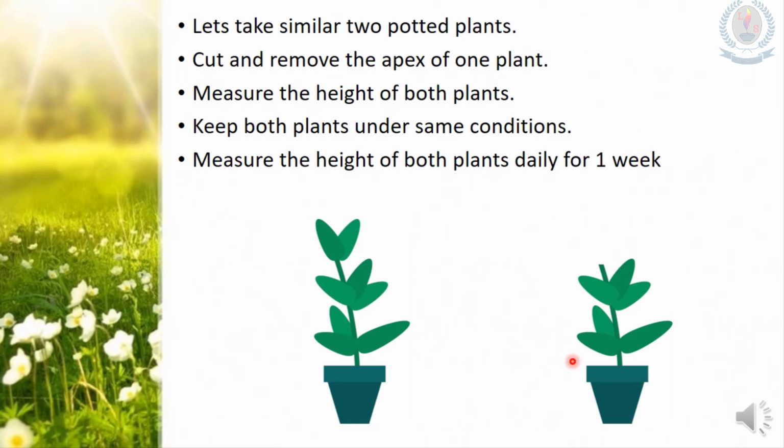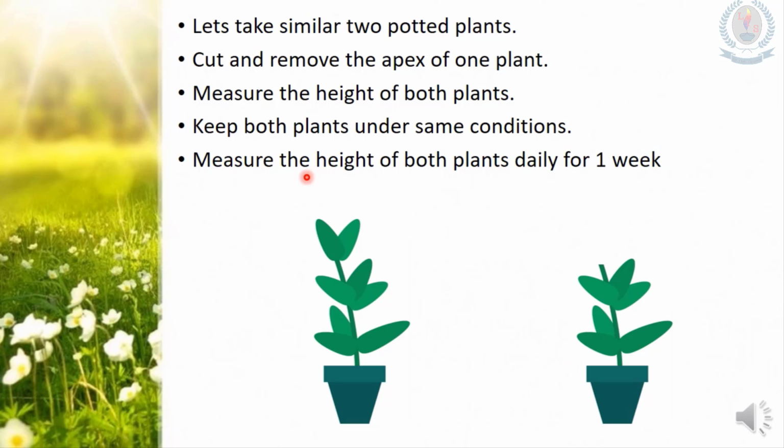That means the amount of water given and the amount of sunlight should be the same. And we have to see the growth of these two plants. To check that, you can measure the height of both plants daily. At least you have to check this for about 1 week.